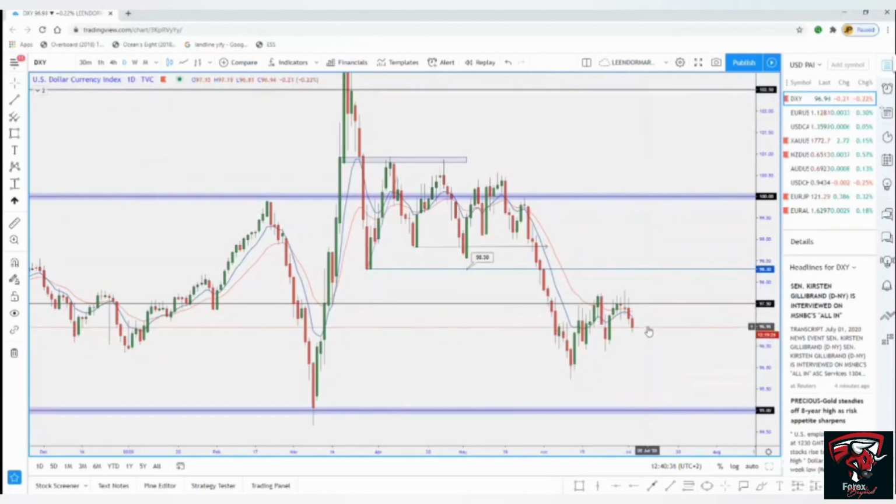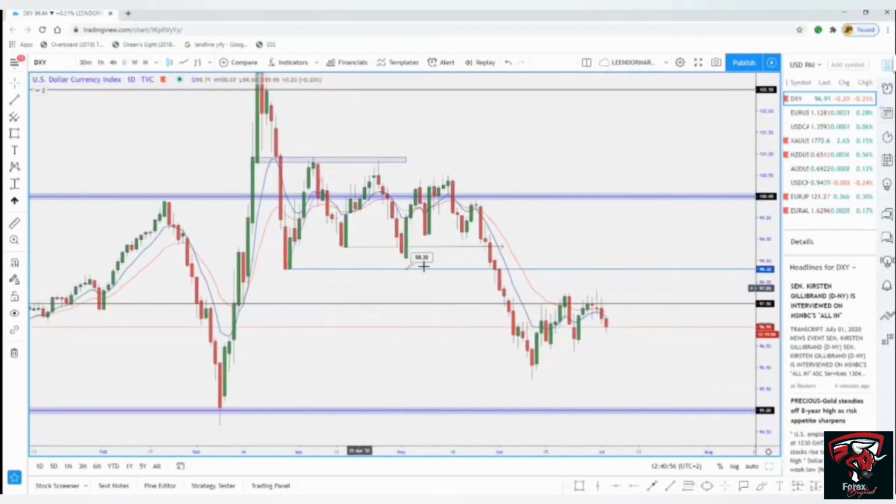If the USD index goes down, then EUR/USD will go up, and AUD/USD will go up, and obviously USD/CAD, USD/JPY, and USD/CHF will drop. So all the USD-based pairs will follow the index, and the opposite is true as well.